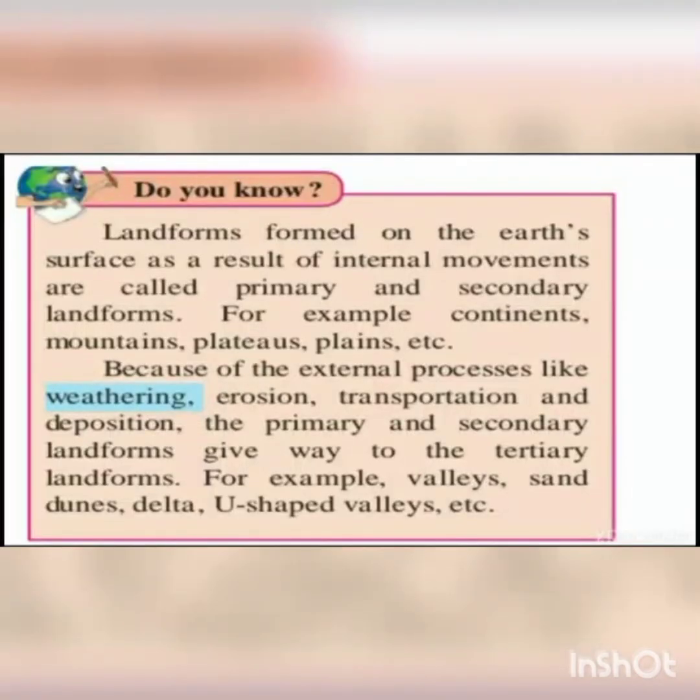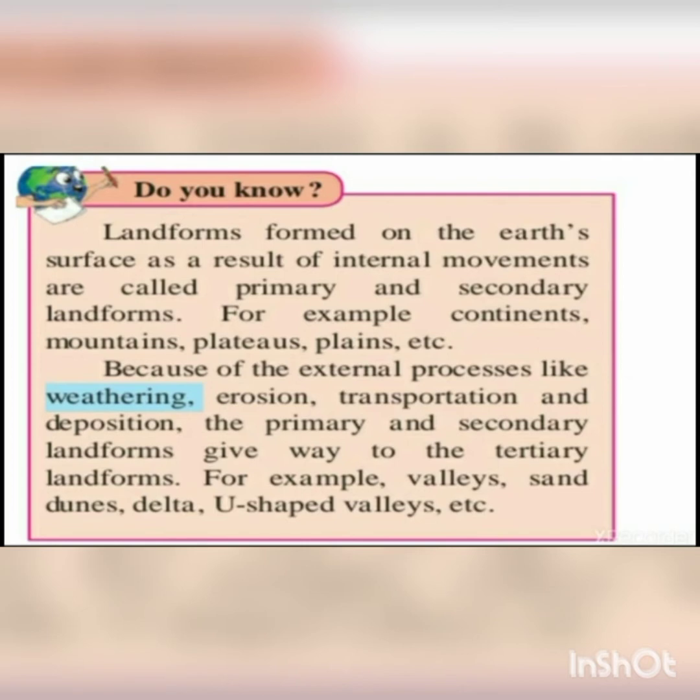Next we will study, do you know? Landforms formed on the earth's surface as a result of internal movements are called primary and secondary landforms. For example, continents, mountains, plateaus, plains, etc. Students, already we have studied about earthquakes and volcanoes. The landforms that are formed because of them are all examples of internal movements.